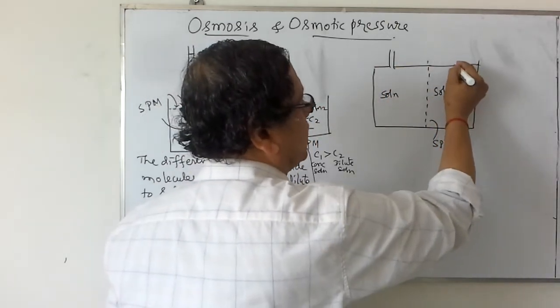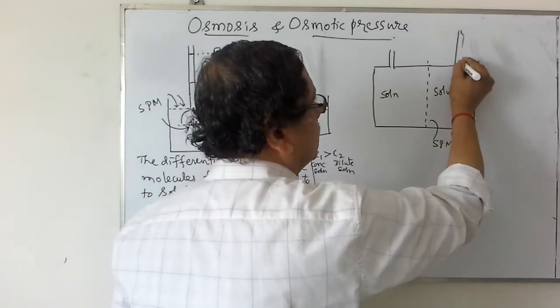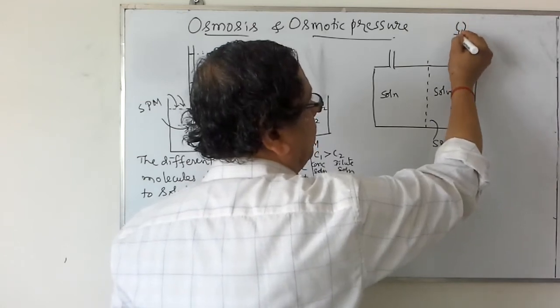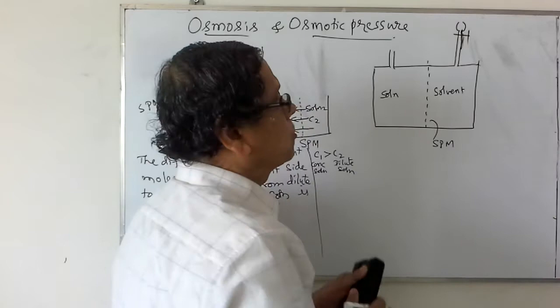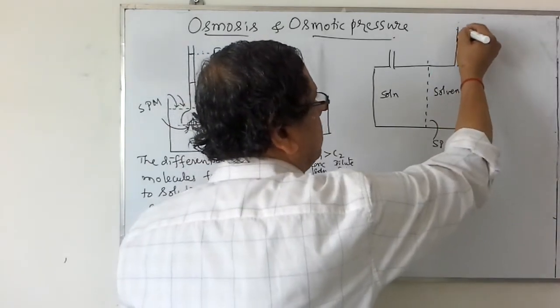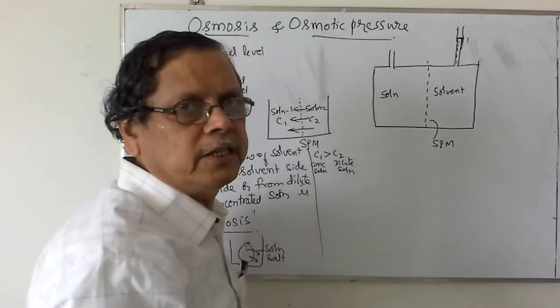Just to understand the level of the water, we are connecting this to a capillary tube, that is a level verifier. So by using this source of water, let us say this is the level of the water, or solvent, that is initially present.